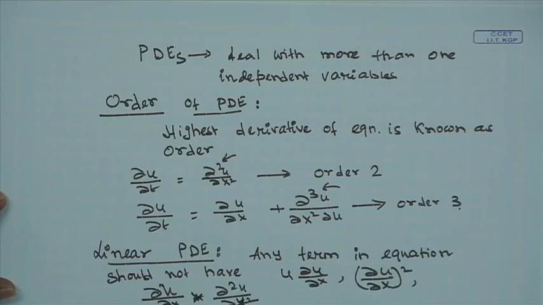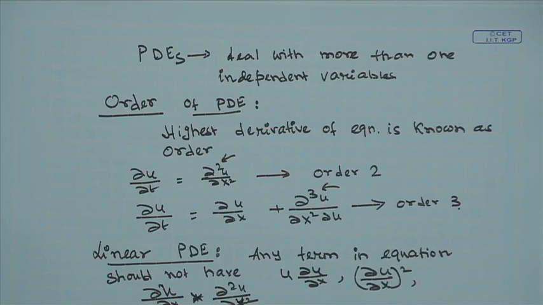Therefore, any term in the governing equation should not have higher powers of the dependent variables or their derivatives, or any multiplication of the dependent variable and their derivatives. If these terms are not present in the governing equation, then the partial differential equation is called a linear partial differential equation. So, let us look into some examples.